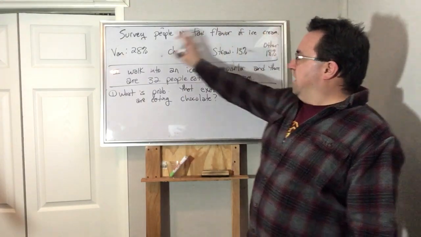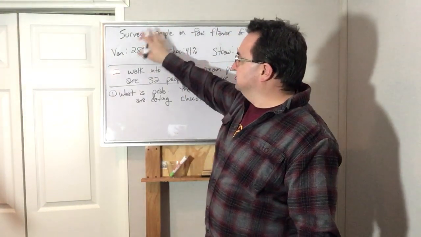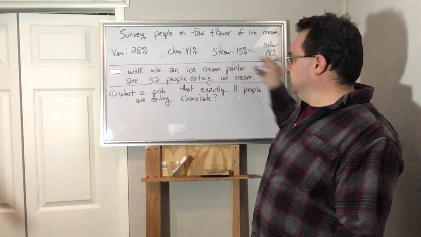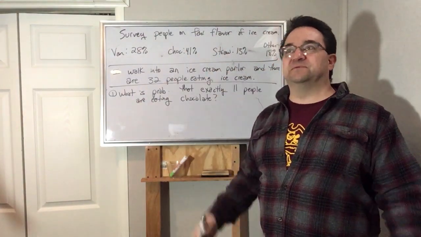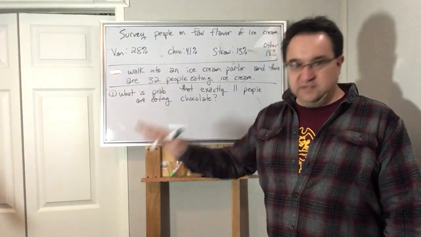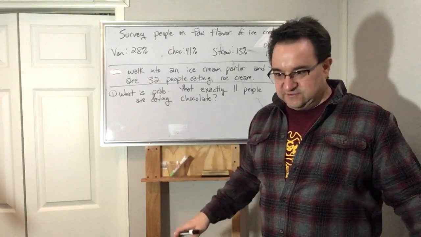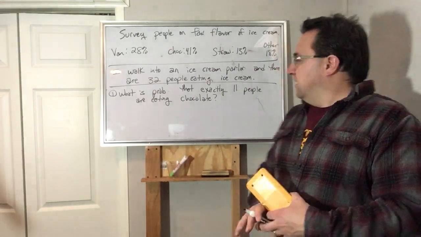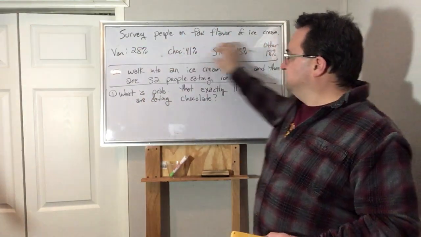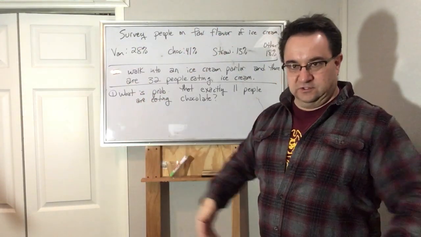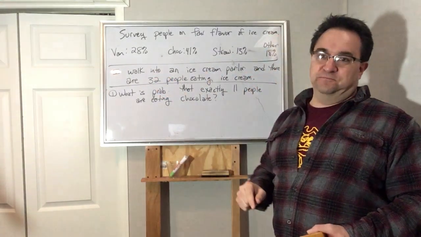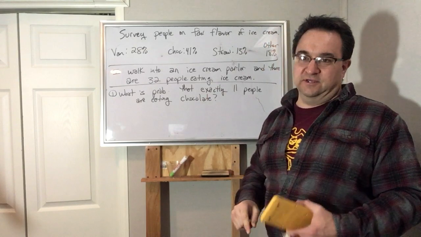Ahead of time, I knew some statistics, like 28% of people think vanilla is the best and so forth. And now I walk into a specific ice cream parlor, and there's 32 people sitting in there eating ice cream. And I just look around and see who's eating what. And I ask, what is the probability that if these numbers are accurate, which you will assume they are, that exactly 11 of the 32 people are eating chocolate ice cream?